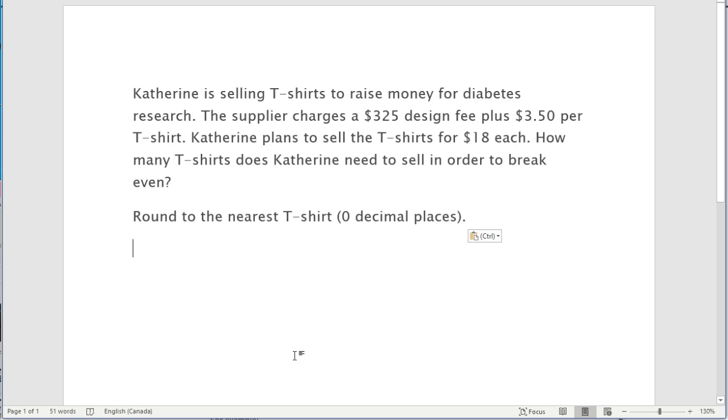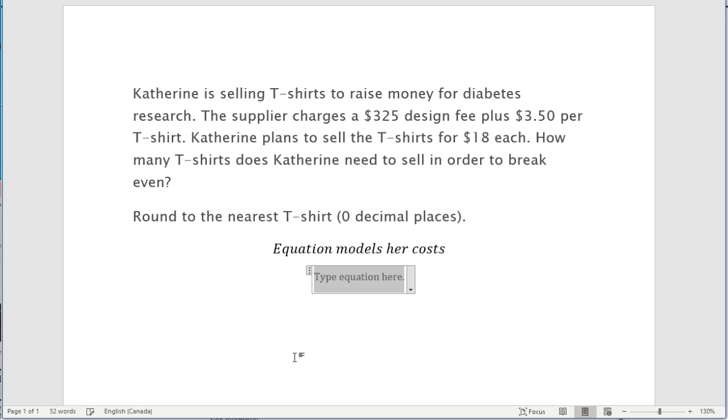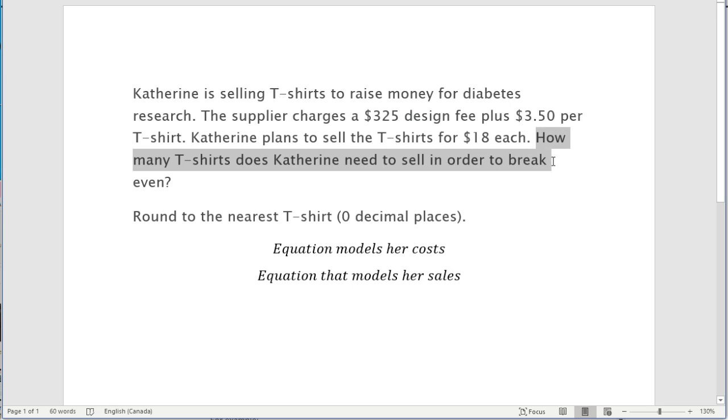We're going to need two equations to solve this. We're going to need an equation that models her costs and an equation that models her sales. And the reason we're doing this is because the question asks about how many shirts she's going to need to sell in order to break even.